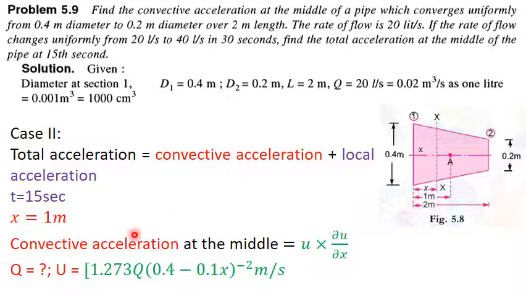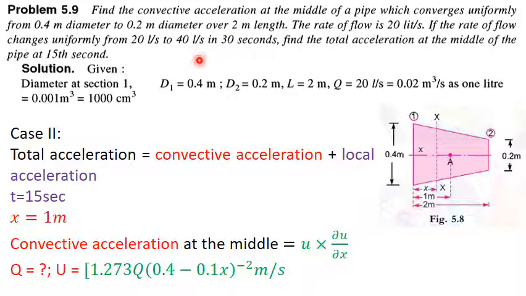So convective acceleration at the middle of the pipe is given by u into dou u by dou x. Here we already know x, which is 1 meter, but the value of Q, which is given in the question, that is 0.02 meter cube per second, has changed after 30 seconds. The new value of Q is 40 liters per second.